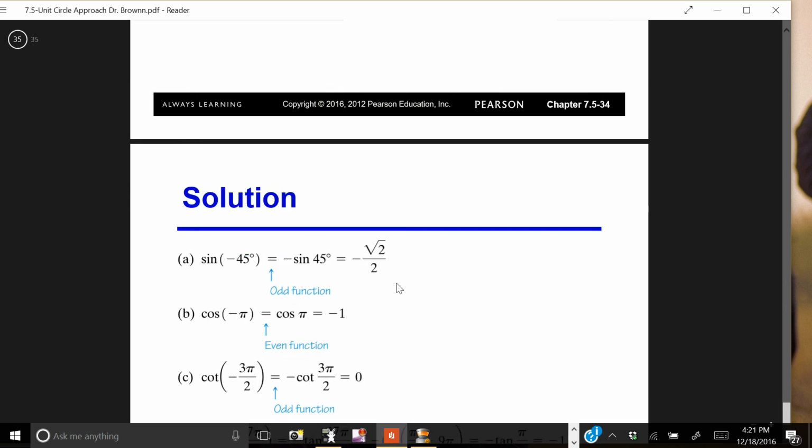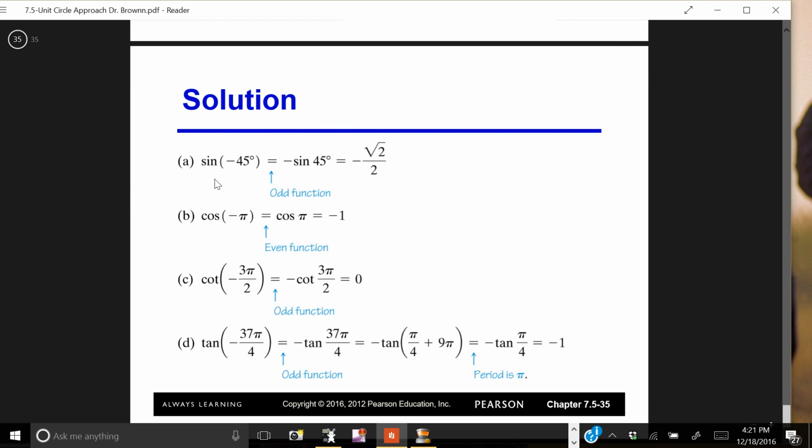But to work these, sine of minus 45 degrees, since it's an odd function, is equal to minus sine of 45, which is minus the square root of 3 over 2. Cosine of minus pi is equal to cosine of pi because it's an even function.